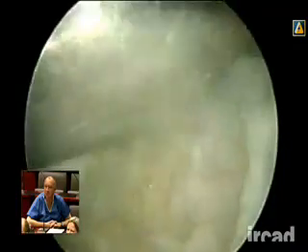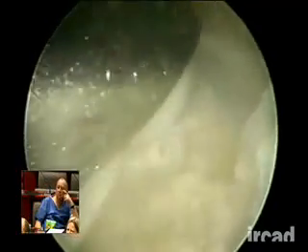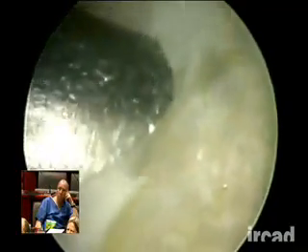The burr is 2.9 millimeters, so I remove about 4 millimeters. Oh, yes, a lot. The depth of the burr. Okay, I see. Well, we want it to be good bleeding bone. The bone needs to bleed. And we also want to increase the space to decrease the... So now we will go deeper.